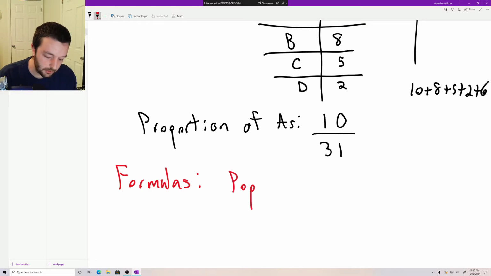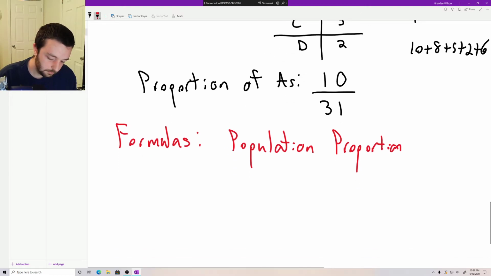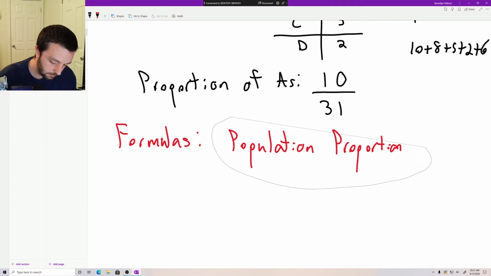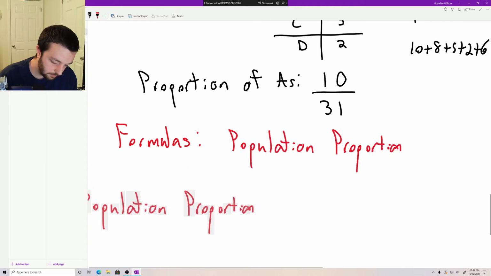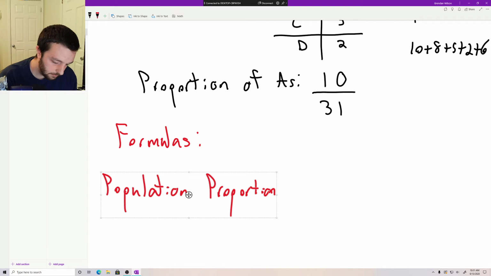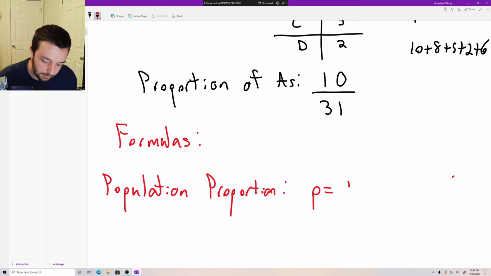So the population proportion is typically written as P. Okay, so just a lowercase p equals R over N. Okay.